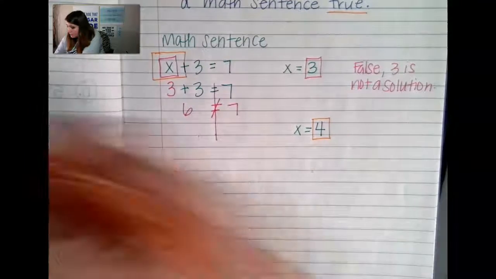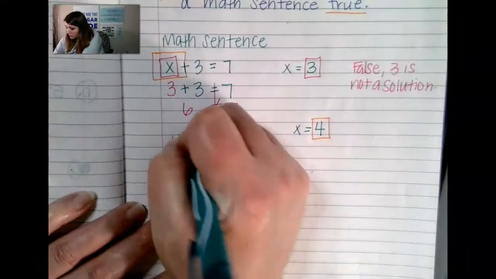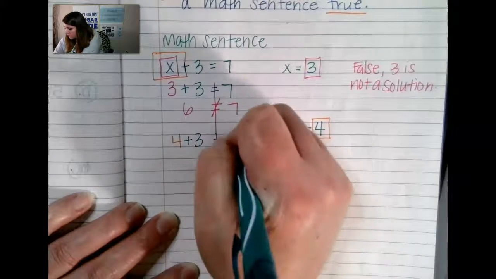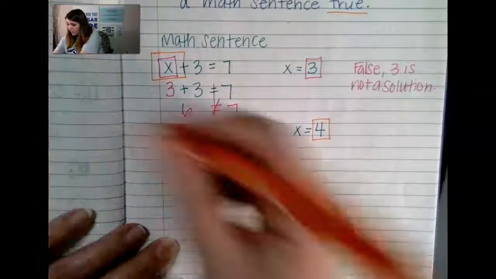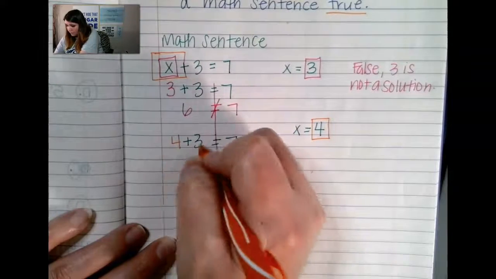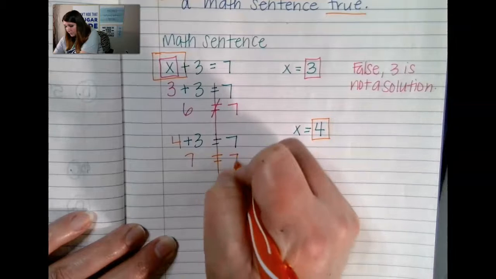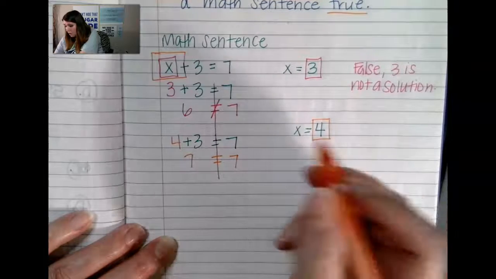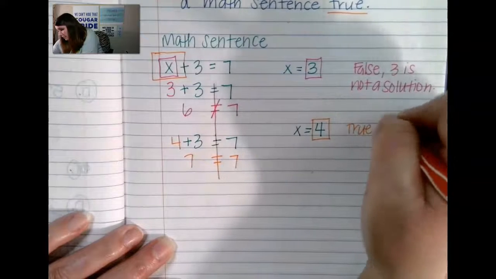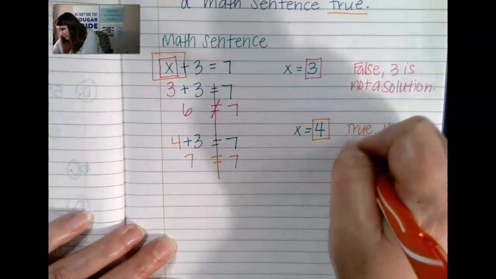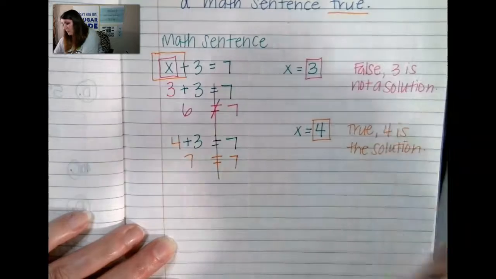So instead it would say 4 plus 3 equals 7. Well, we know that 4 plus 3 is 7, and 7 is equal to 7. So 4 is the solution. It's what makes the statement true.